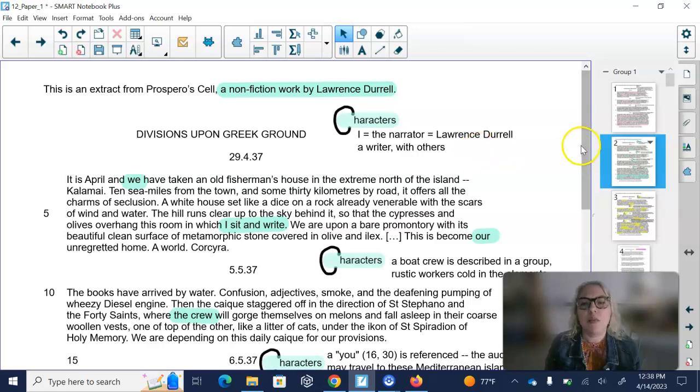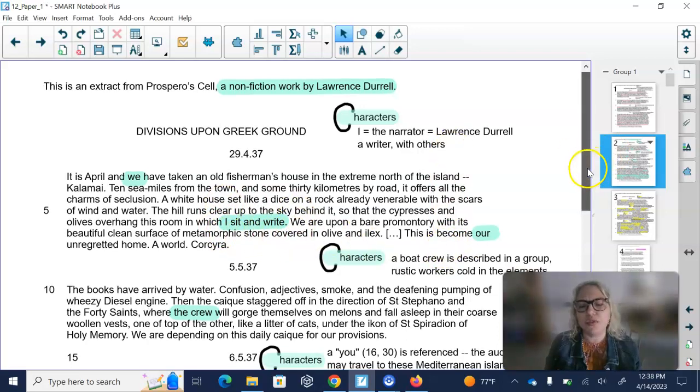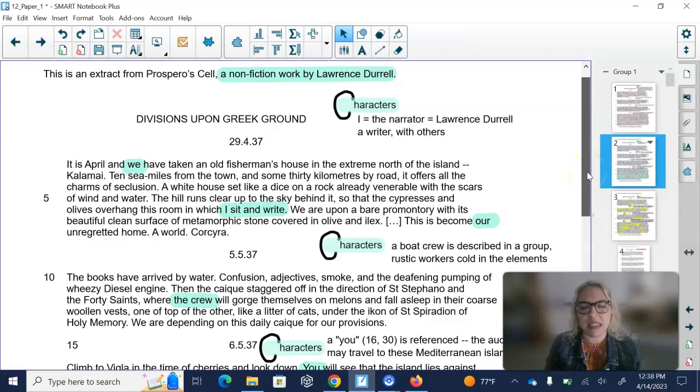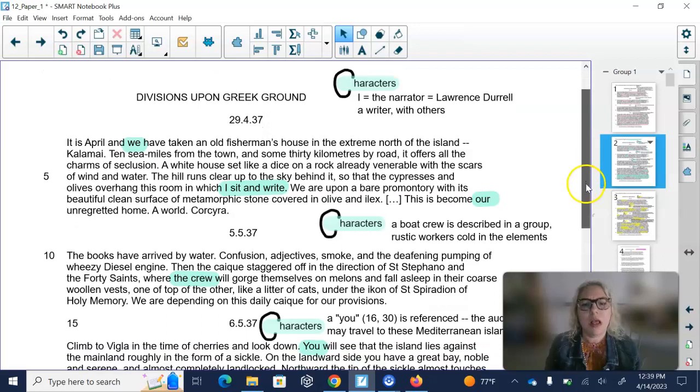Okay, we know also from the first paragraph that he is a writer. And so then we can presume next that this text we're reading is what he is writing when he is in this temporary home in Greece.